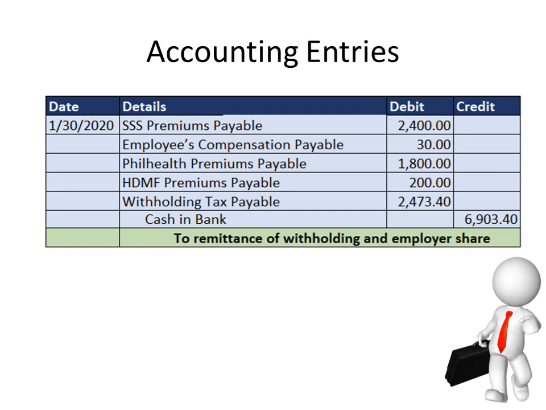Then the HDMF premium payable or PagIBIG, each one is 100, so 200. And the withholding tax payable, because this is a direct tax, meaning only the person who is responsible for this could shoulder that. So we have 2,473.40. So the cash in bank that has to be paid is 6,903.40 for our employer. Okay?